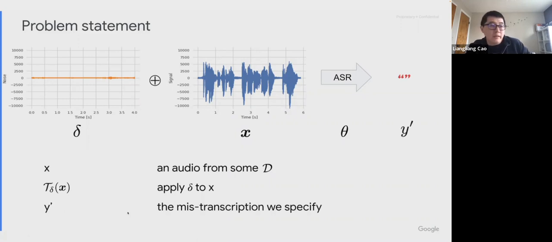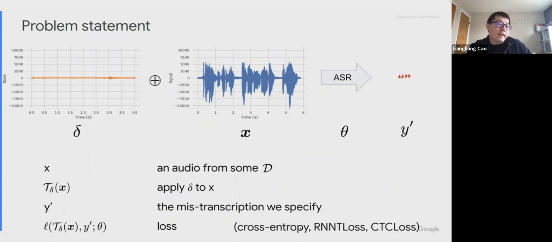That means a lot of deletion errors. To do this, we treat it as a learning problem, where L is the loss. Basically, we want the prediction of X plus delta to be as close as possible to Y prime, which here is empty. We learn this delta by minimizing the loss between the predictions and the empty target.